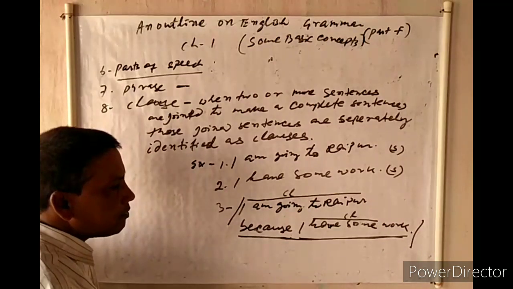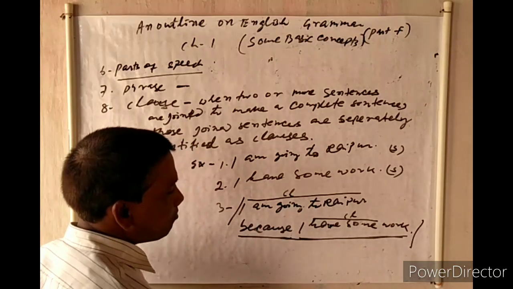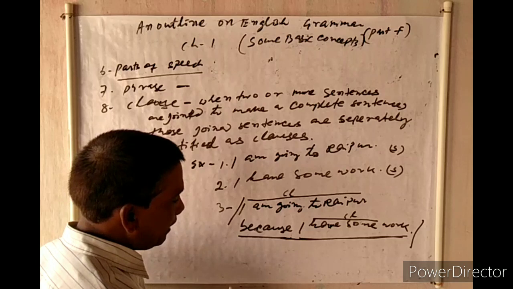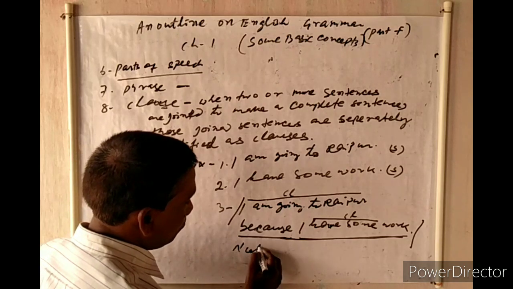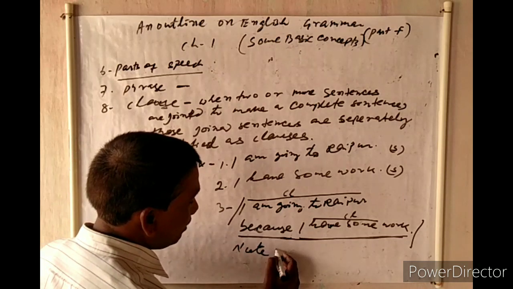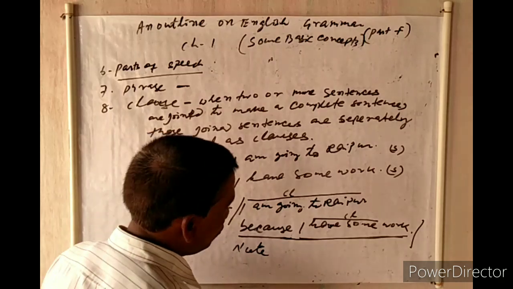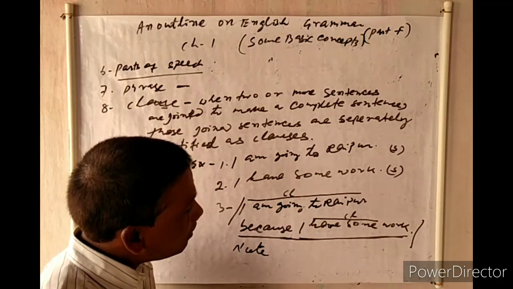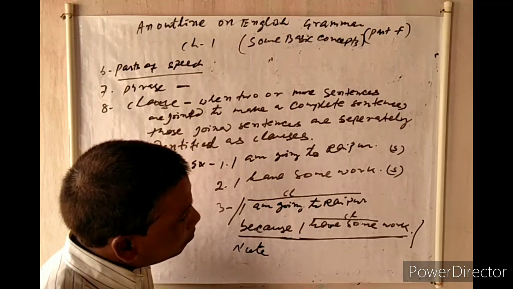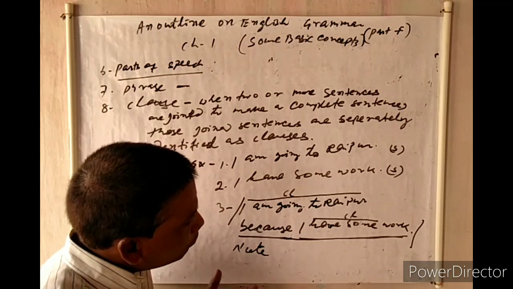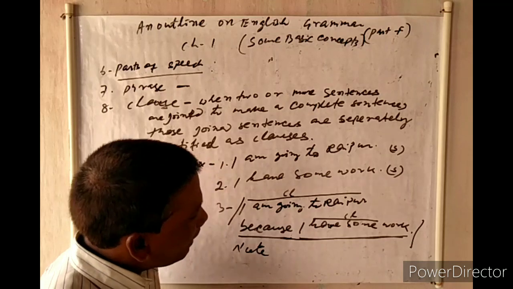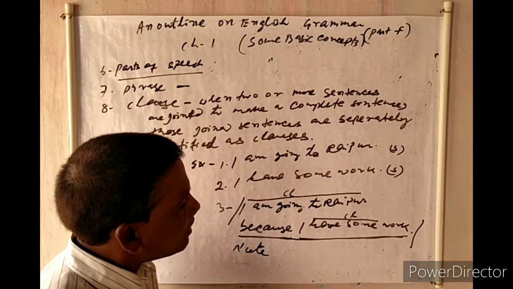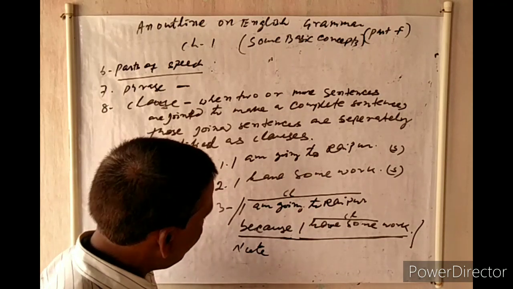But one thing you have to realize, in a clause there must remain a subject and a predicate. A clause is used when a sentence is used with another sentence, joining these two sentences to make a sentence.